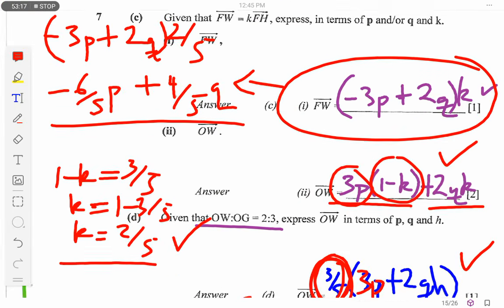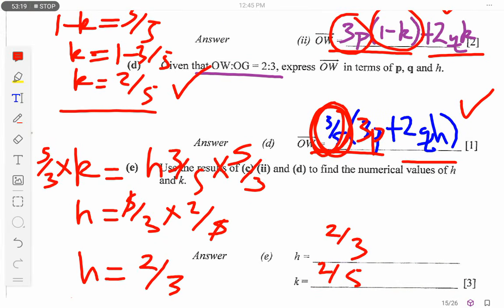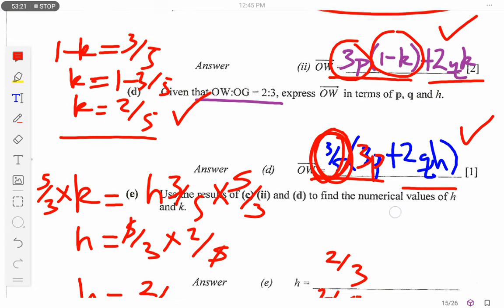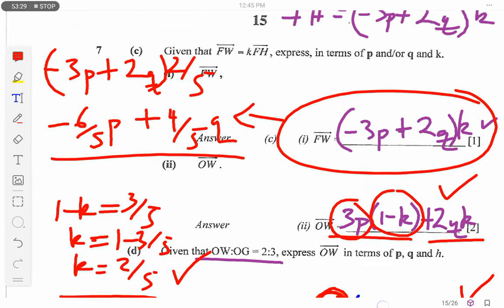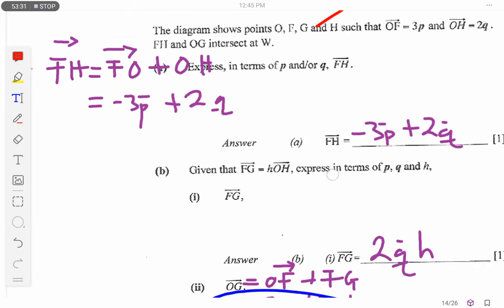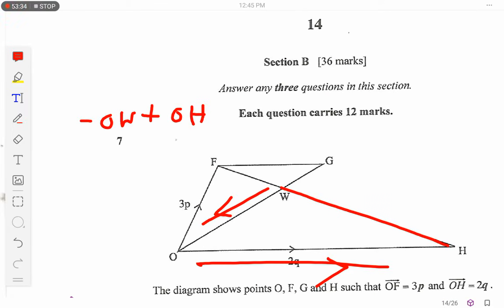Okay, so we get our OW. We can take either of these. I'm going to take which is easy. Okay, so I'm going to take the one that is easy there for me, the one with the k there. So I will have here my OW being equal to 3p minus 3pk, then plus 2qk there.